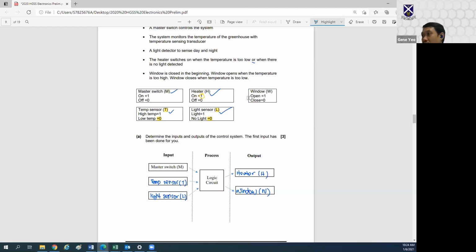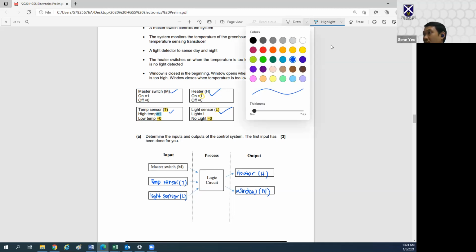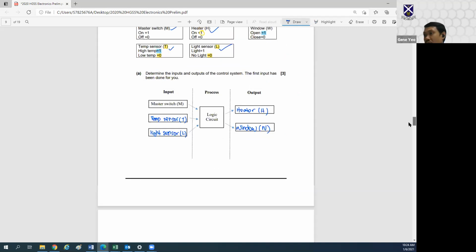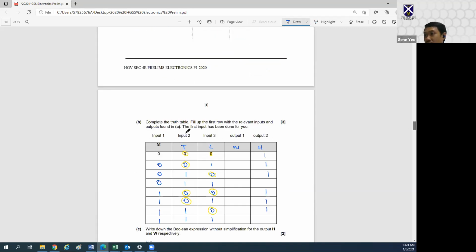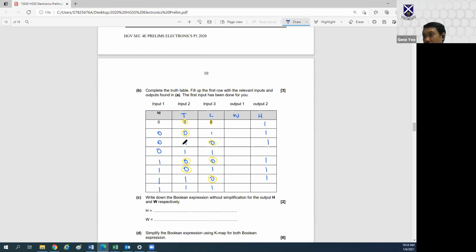So the window opens, W is 1, when the temperature is too high, when T is 1. When T is 1, W is 1.